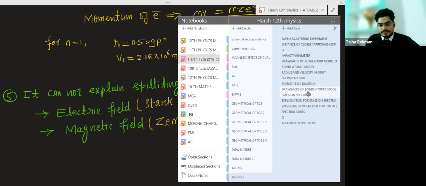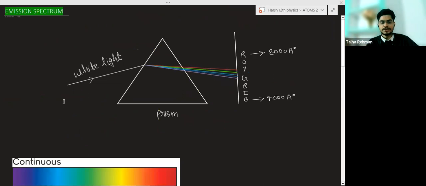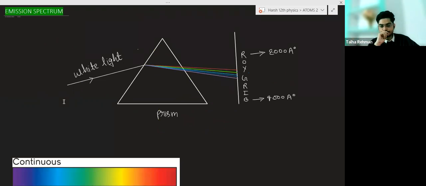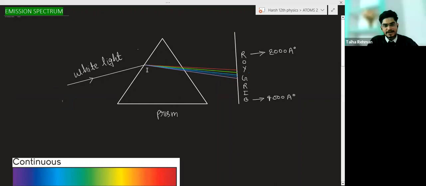Now, after that, the emission spectrum. First of all, we will discuss what a spectrum is, then I will come to the emission spectrum. This is a prism. This is white light, and this white light will split into 7 colors.